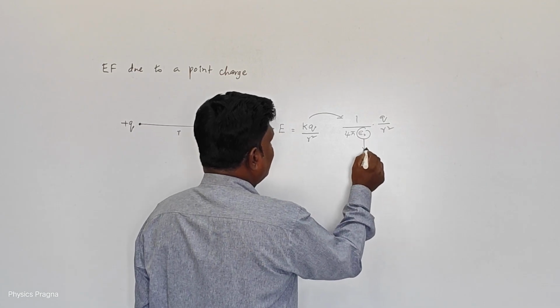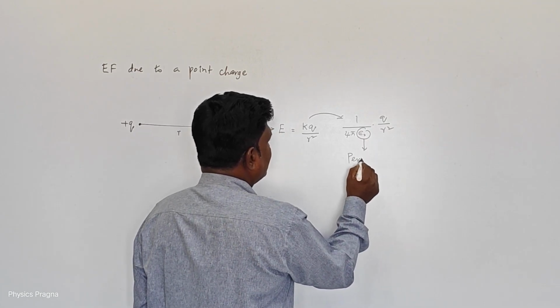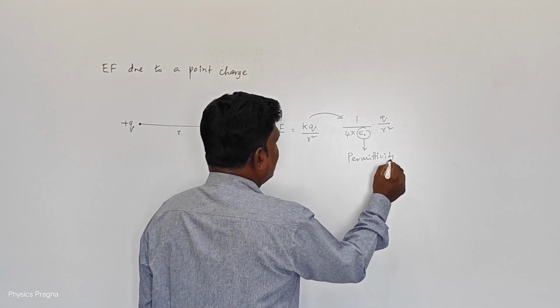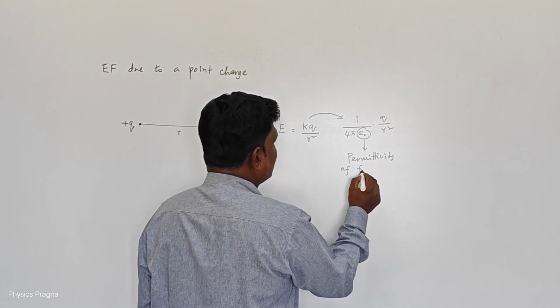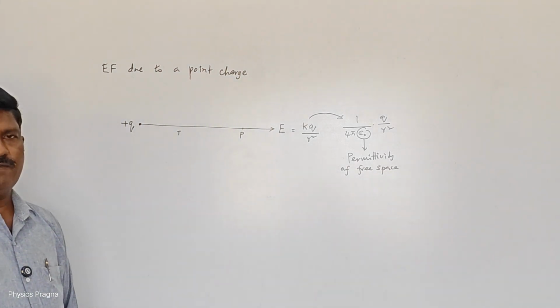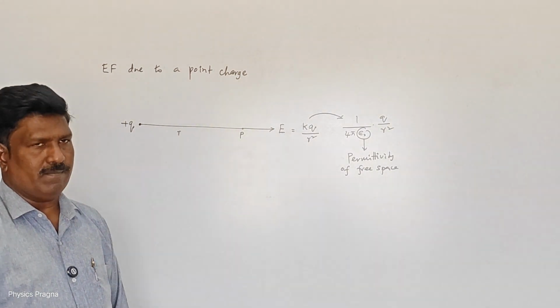So this is the permittivity, the permittivity of free space. We know that permittivity is a property of a medium.